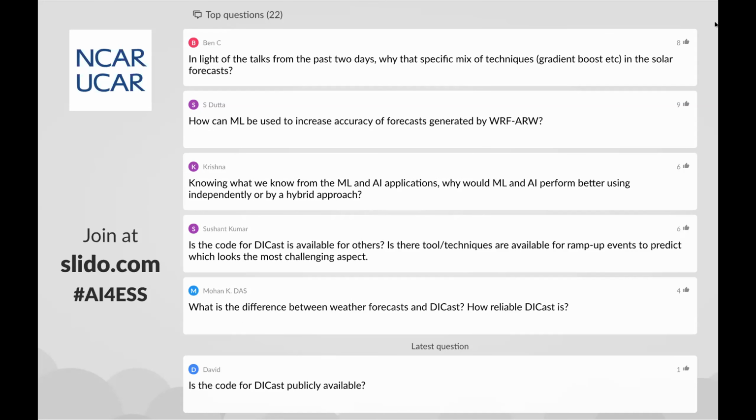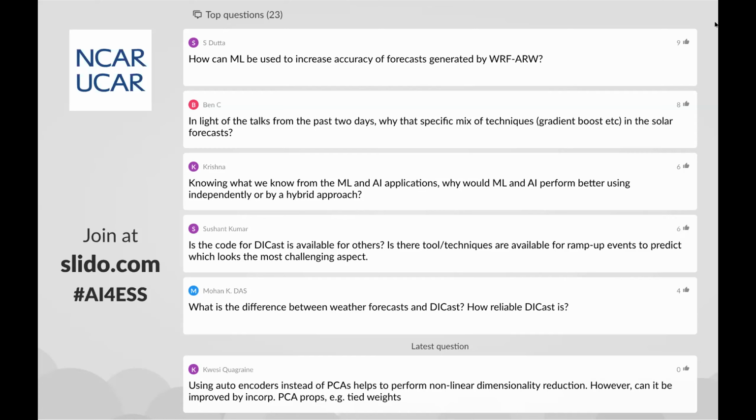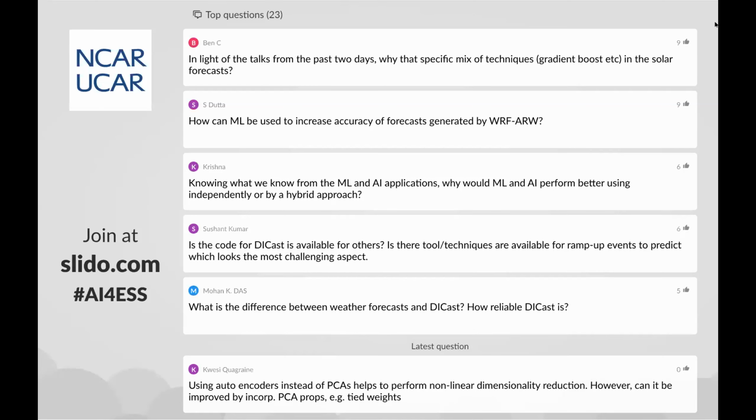In light of talks from the past 2 days, why is that specific mix of techniques, gradient boosted, in the solar forecast? Okay, for the solar prediction system, first of all, we were developing it between 2012 and 2016. Second of all, we were at that time emphasizing point-based prediction.